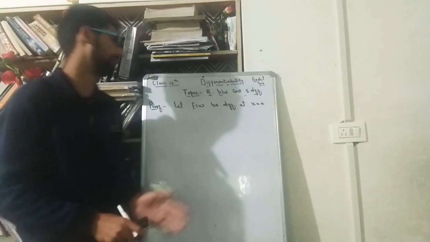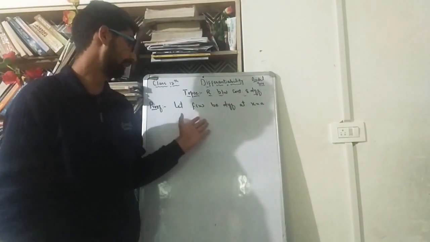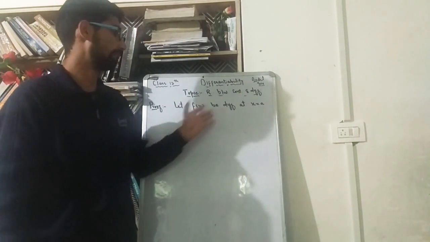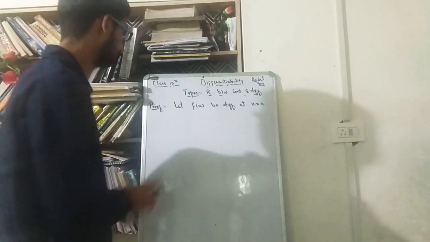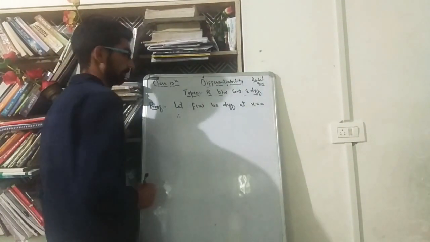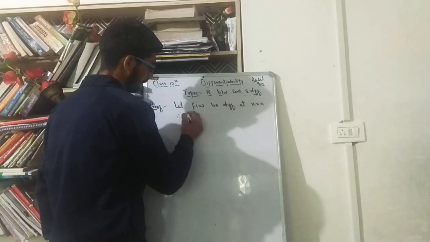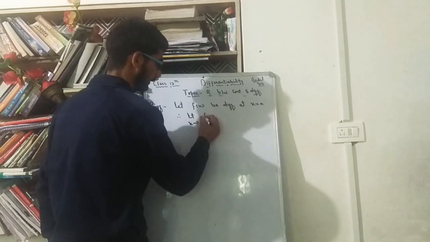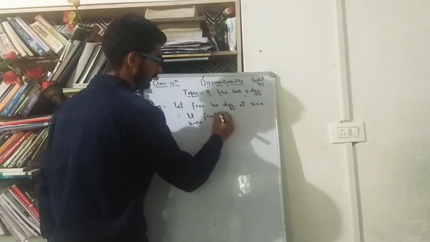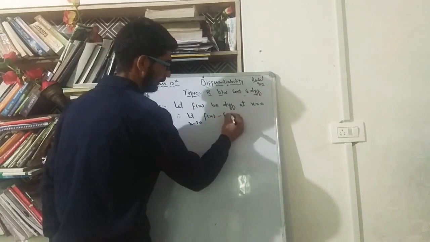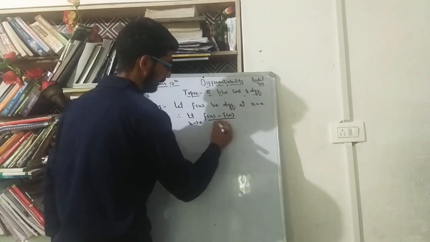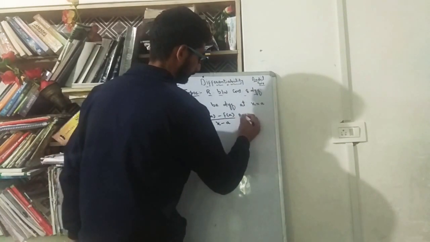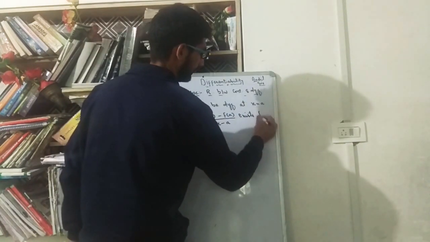We have already given the meaning of differentiability on a graph, and now we know that if f of x is differentiable at x is equal to a, then the limit as x tends to a of f of x minus f of a divided by x minus a exists finitely.